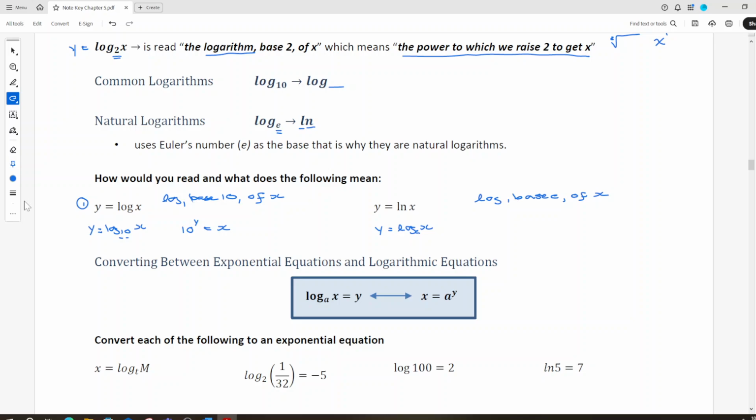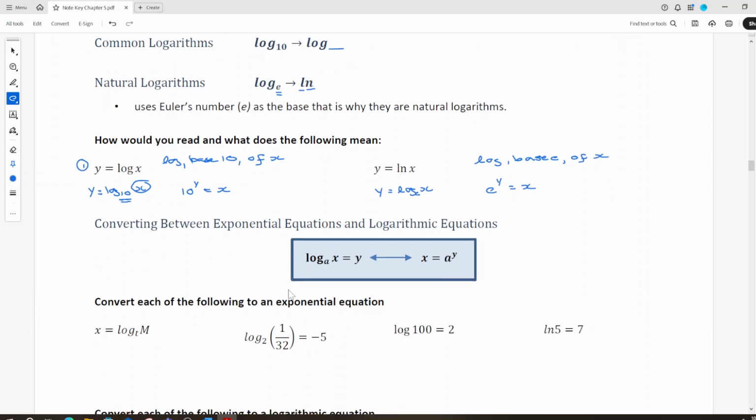So this is your base, and the answer is the exponent that you're putting on that base to get the thing that you're taking the log of. Okay, so with this one, this would mean e to what exponent would give you x, or it's the exponent that you're raising e to get x. And this is actually converting from what we call logarithmic form to exponential form. And then we also like to be able to go from exponential to logarithmic.